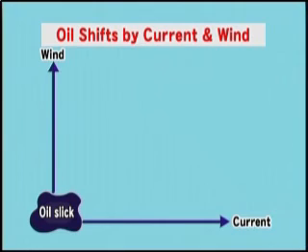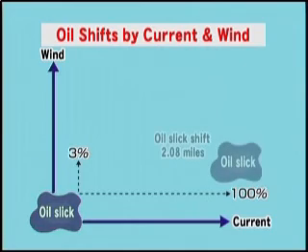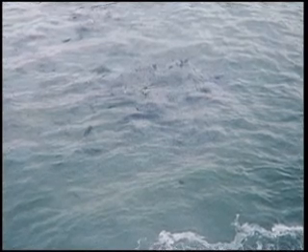In general, the current and wind can shift the location of the spilled oil. Tide has a 3% and wind a 100% effect on its movement. The speed at which the oil shifts and the direction can be forecast in advance. As spilled oil drifts, seaweed, driftwood, plastic, and other things attach to it.